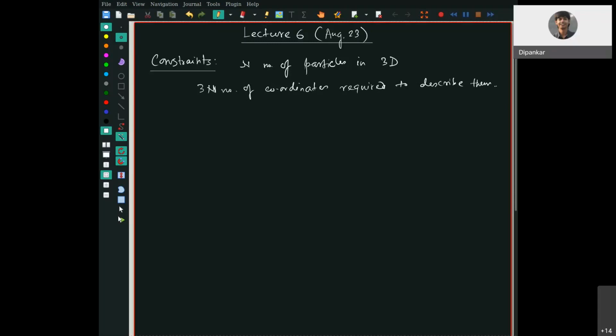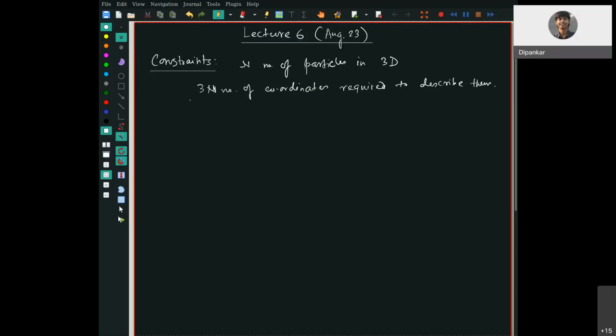Now, constraints mean that not all these coordinates are independent. Suppose the distance between any two particles, the ith and jth particles, is a constant.